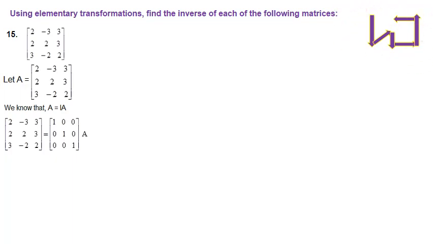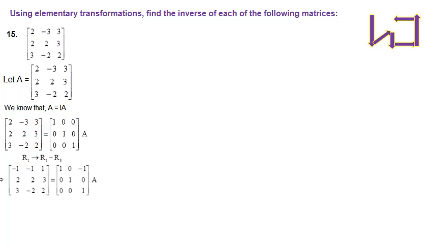First and foremost, we have to change this element 2 to 1. For that purpose I'm going for the calculation, that is R1 changes to R1 minus R3. This is the operation. After doing the operation, R1 is 2 minus 3, which is minus 1. Then minus 3 minus minus 2 is minus 1.